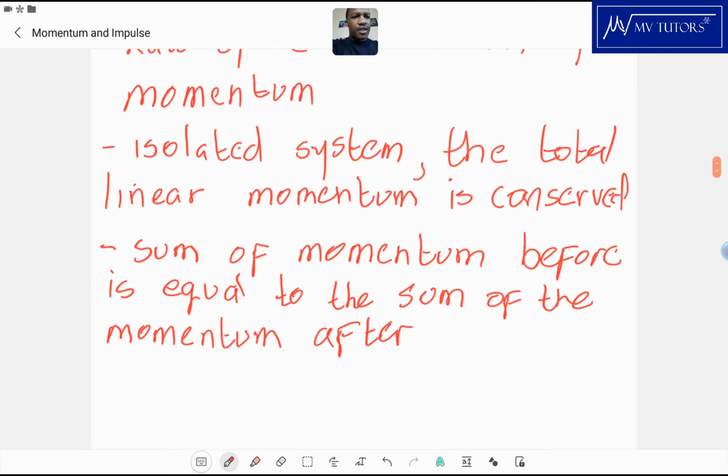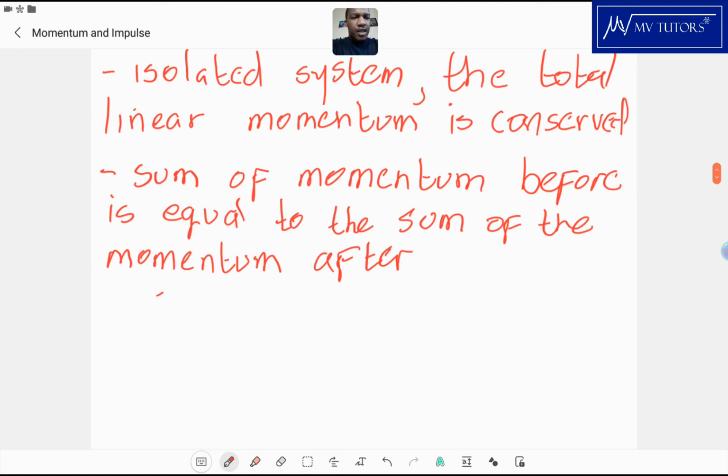This is denoted by saying the sum of the momentum before collision is equal to the sum of the momentum after collision. Let me just put the word collision here.